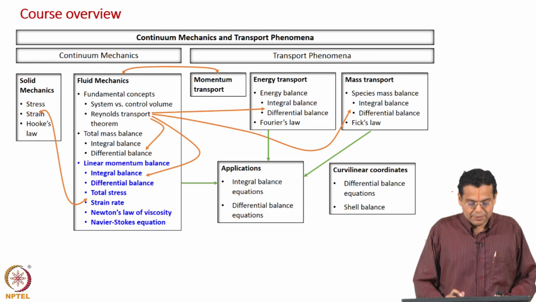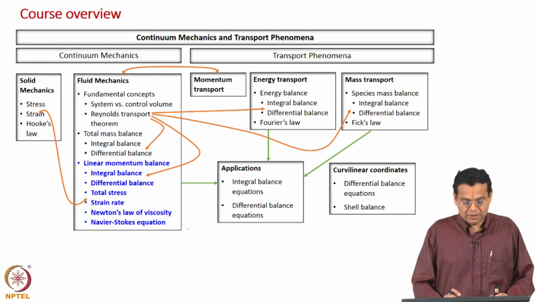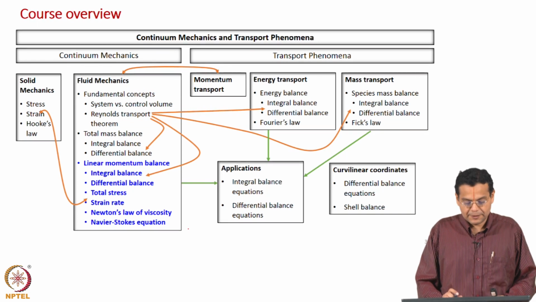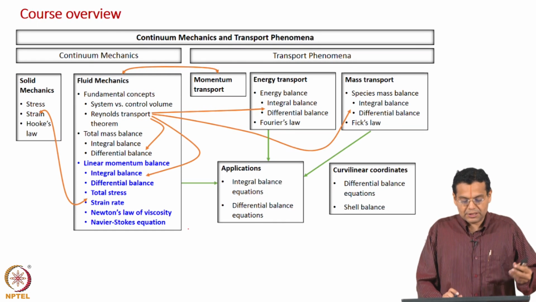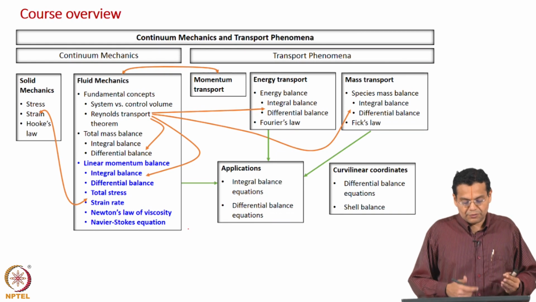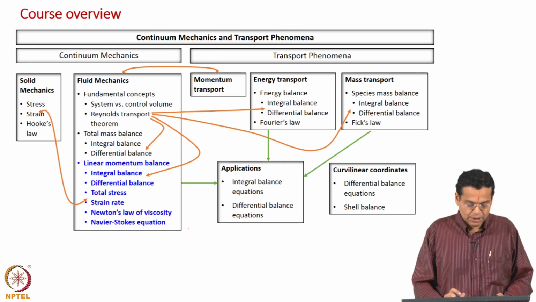Almost all the concepts we have discussed under linear momentum balance, we started with integral balance, then started deriving the differential balance, discussed total stress, strain rate, Newton's law of viscosity, and derived the Navier-Stokes equation. Now we are going to connect and link all these with this example. Let us see how we do that.